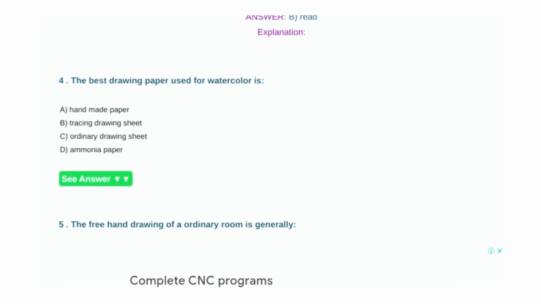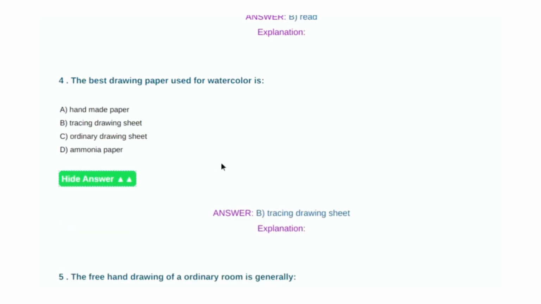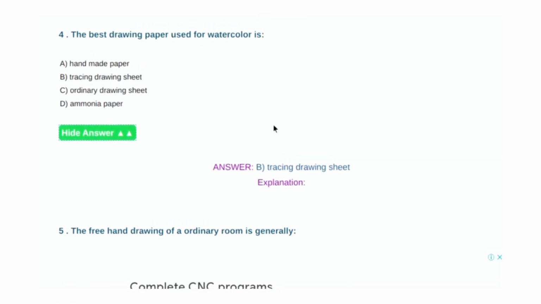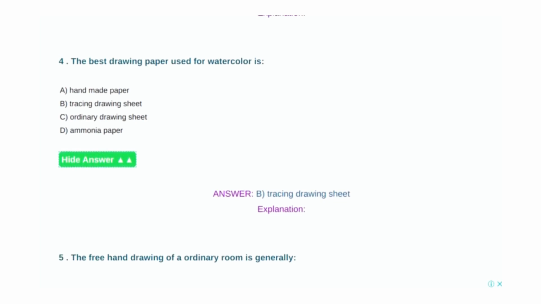Right answer, watercolor, ammonia paper? No. Tracing drawing sheet. Tracing drawing sheet is the best drawing paper used for watercolor.